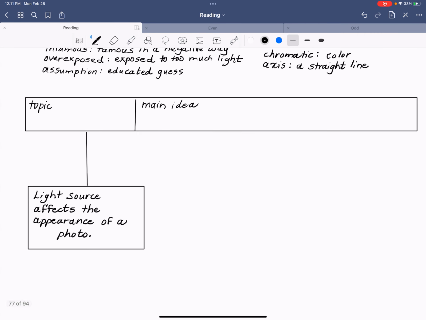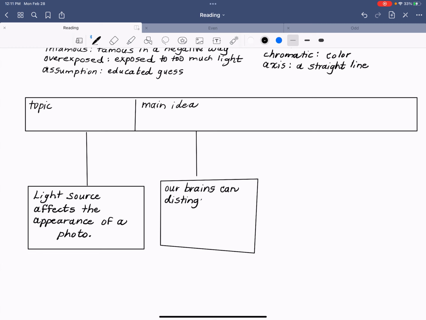So our brains can distinguish different degrees of sunlight.